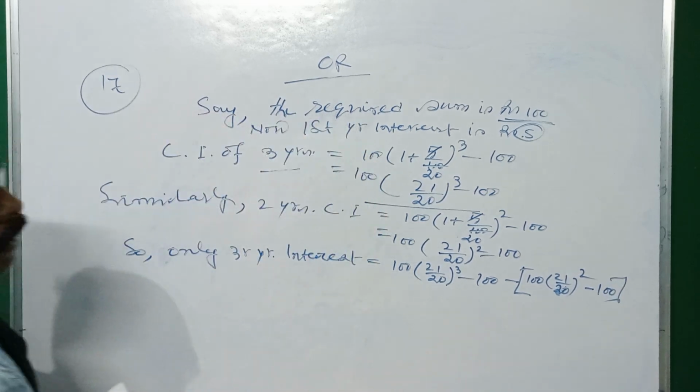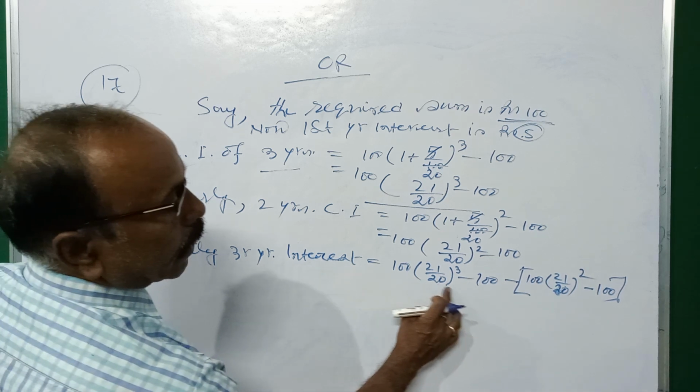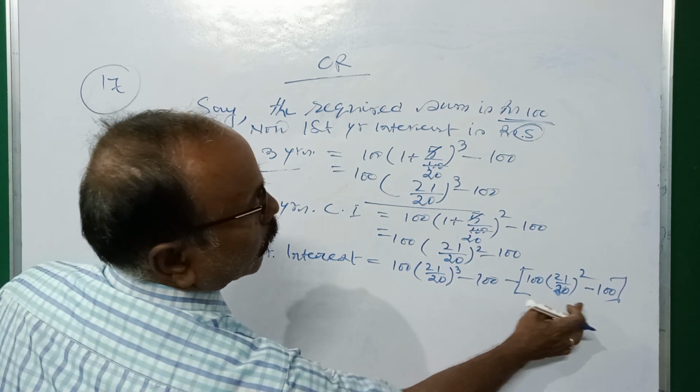Am I clear? This is only the 3rd year interest: 3 years interest minus 2 years interest.